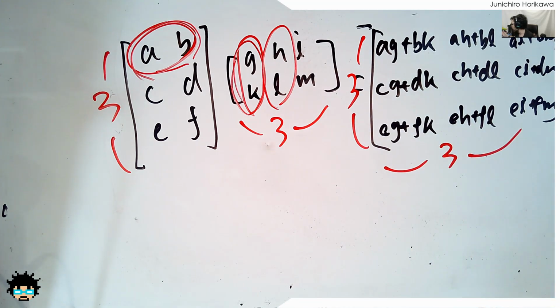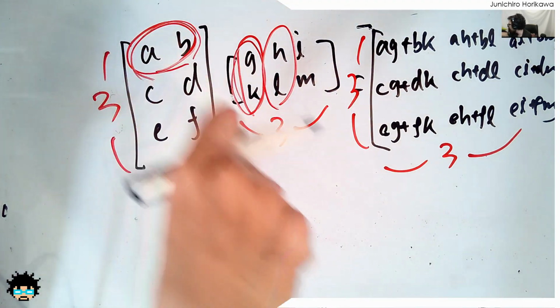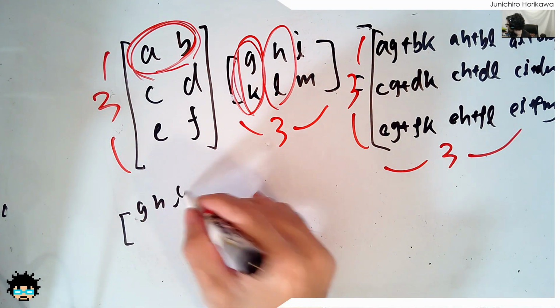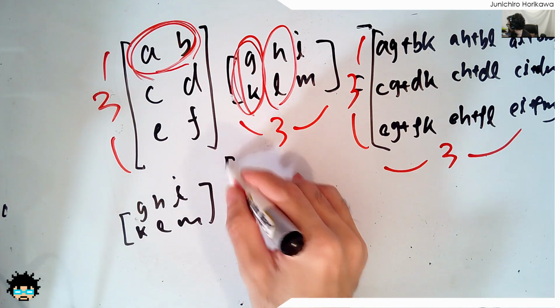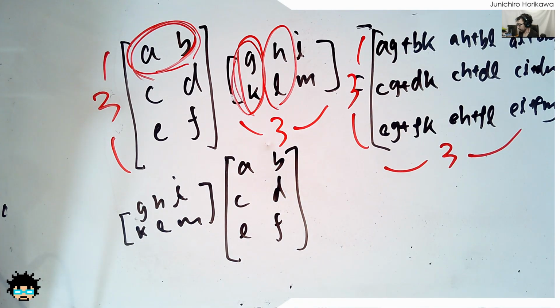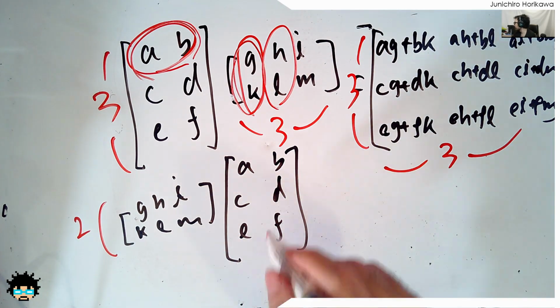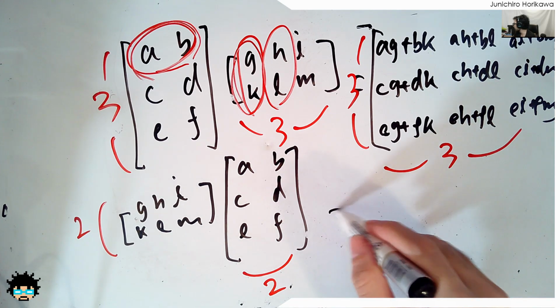Now if we think the other way, if we have this 3 by 2 on the left hand side and the 2 by 3 on the right hand side, what do we get? So GHI, KLM, and A, B, C, D, E, F. Now in this case, on the left hand side you have 2 rows, and on the right hand side you have 2 columns. So as a result, what you get is a 2 by 2 matrix.